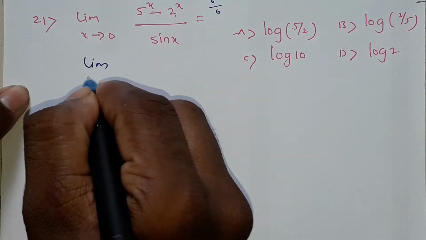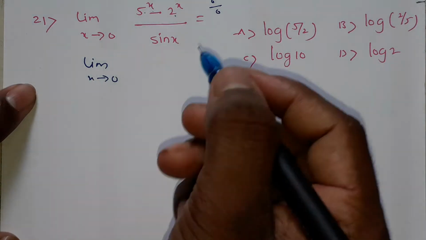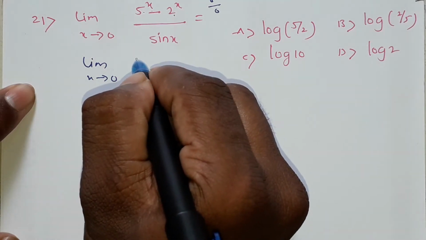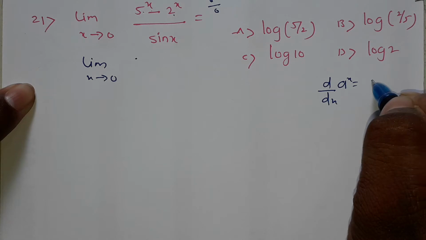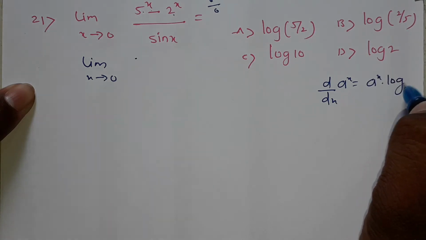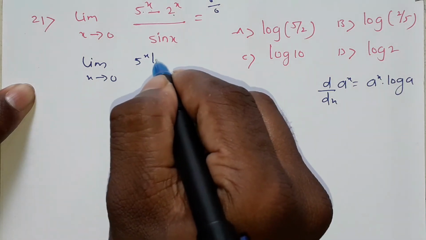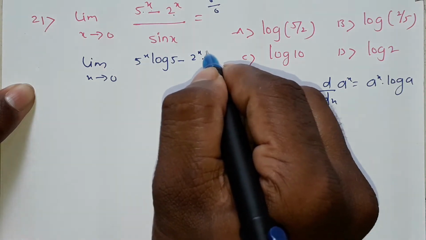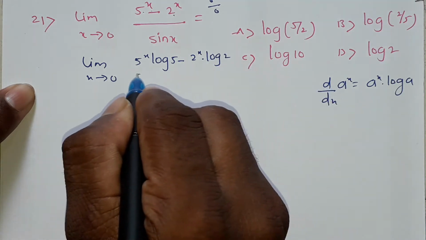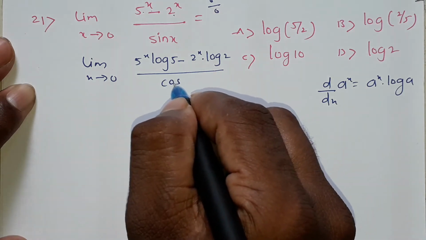Limit x tends to 0. By L'Hospital, d by dx of a power x is a power x into log a. So we get 5 power x into log 5 minus 2 power x into log 2, by the derivative of sin x, which is cos x.